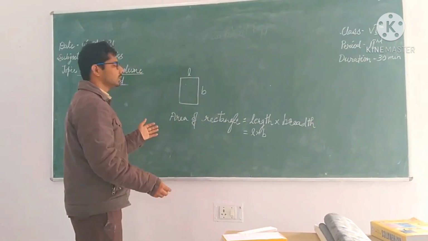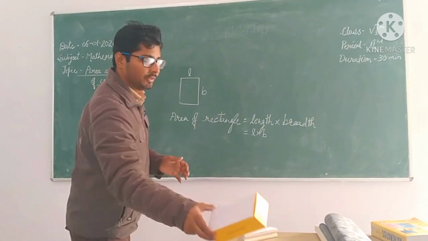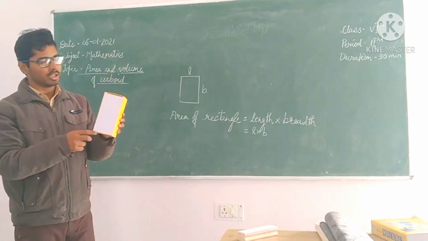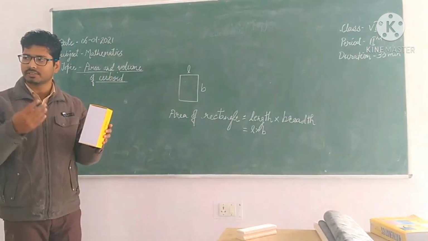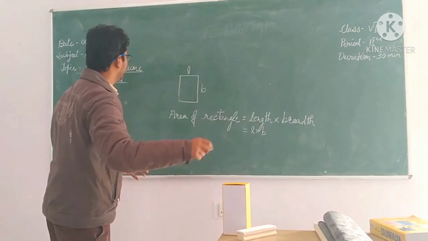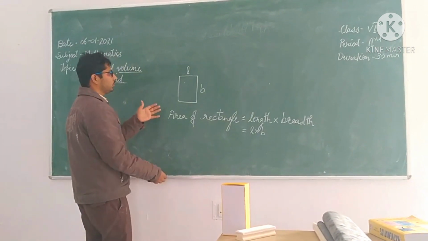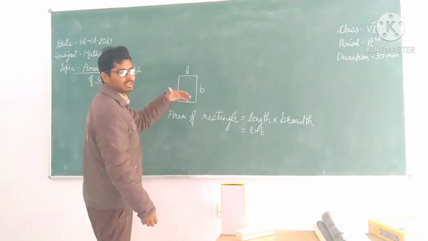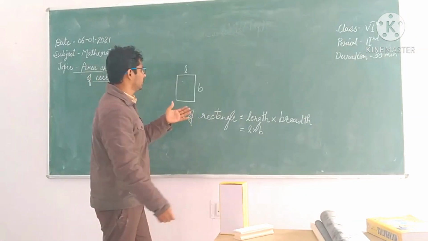So how many faces does this cuboid have? These are all rectangular faces. There are 6 faces. So we will add up the area of all 6 faces and we will get the area of the cuboid.